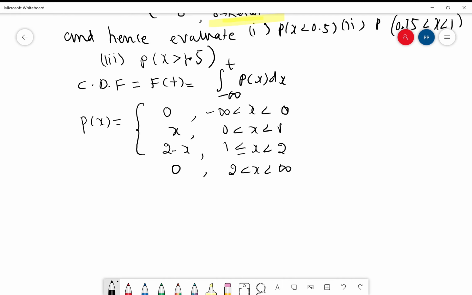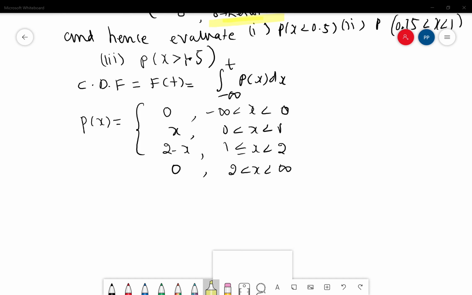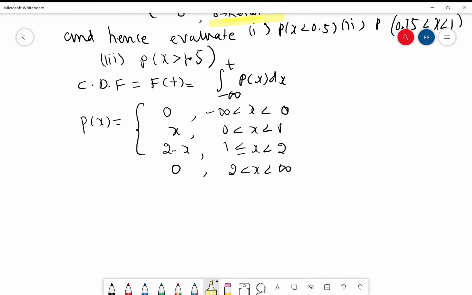Now we have to consider t belonging to all the four intervals. That means first we have to consider t in this interval, that is t belonging to the interval minus infinity to 0. Then t belonging to interval 0 to 1. Then t between 1 and 2. Then t between 2 and infinity. Okay.